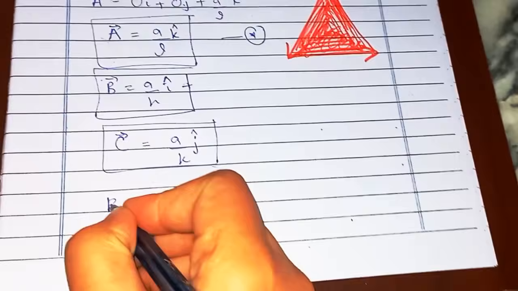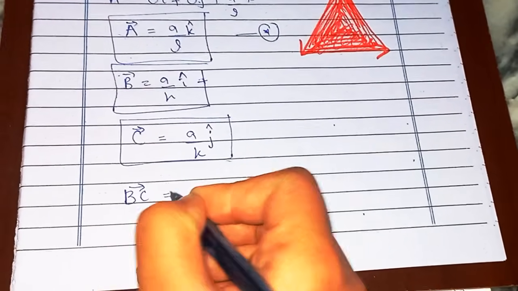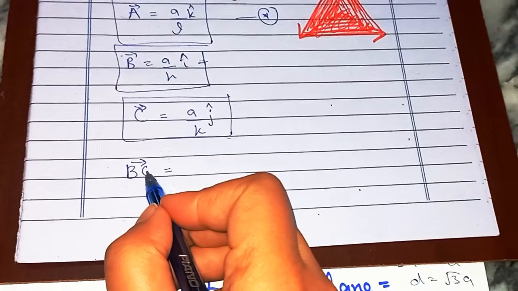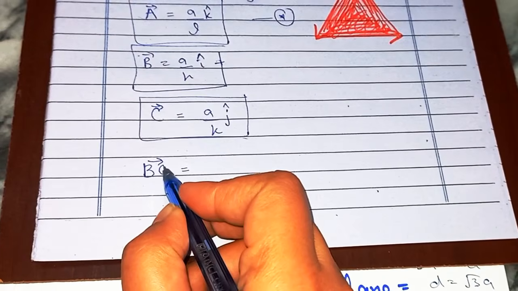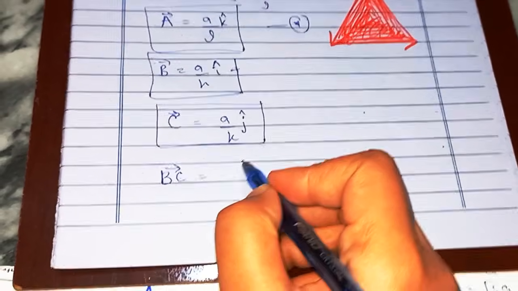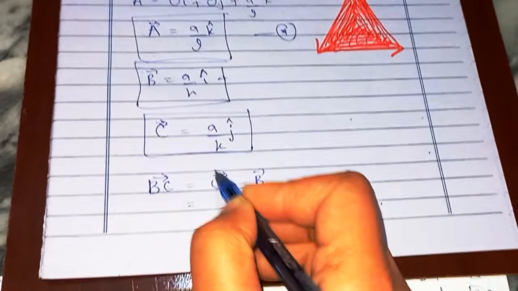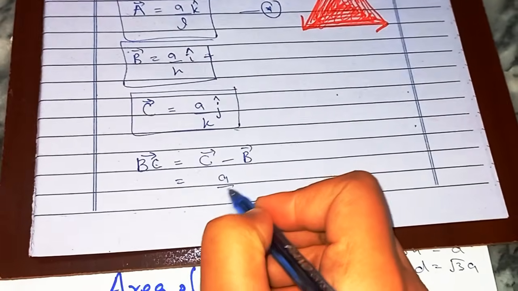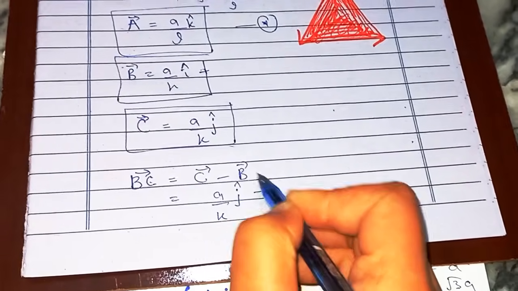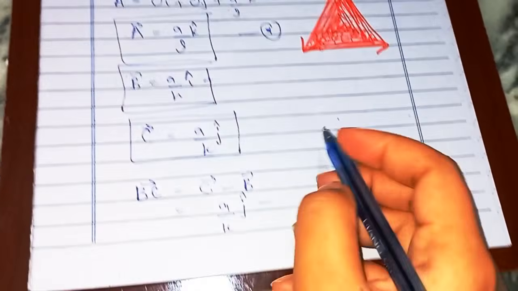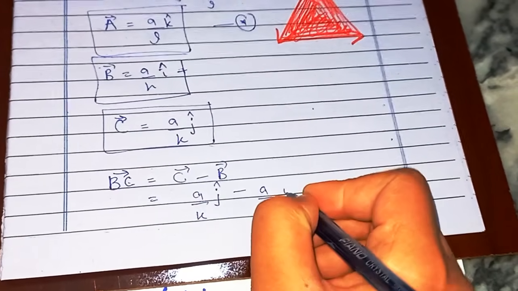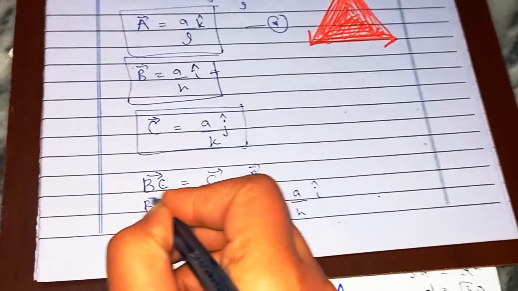Now let's find the BC vector. BC, from b to c, we always subtract the initial from the final, so final point minus initial point. The c vector, which is a by k j hat, minus the b vector, which is a by h i hat. This is the BC vector.